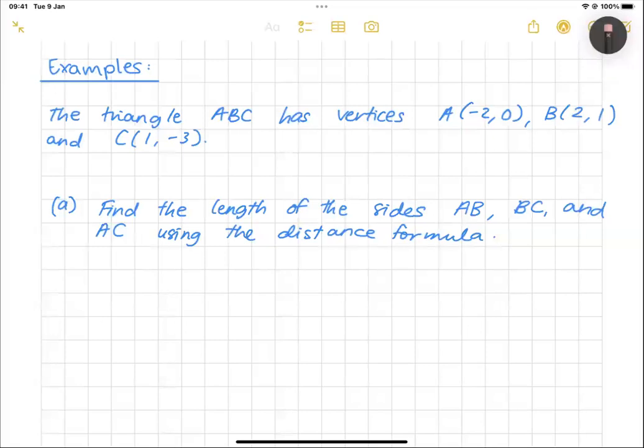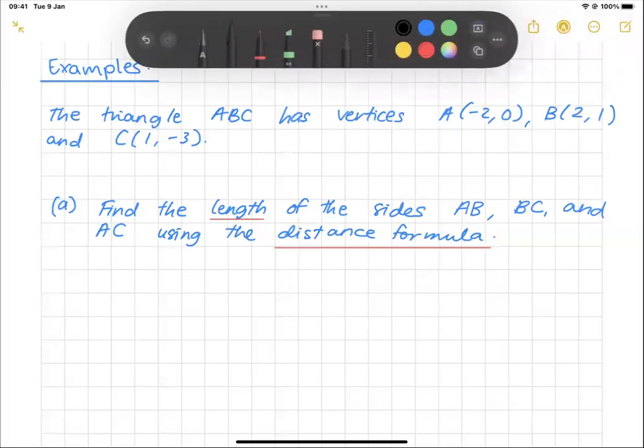In this case, you need to use the distance formula, and you need to find the length. Anytime a question says find the length of a certain thing, we use the distance formula. So this example isn't as complicated. You don't have to use more than one thing. This is just using the distance formula. But please mind that there will be some questions where you need to use more than one thing, so you have to read the question carefully.